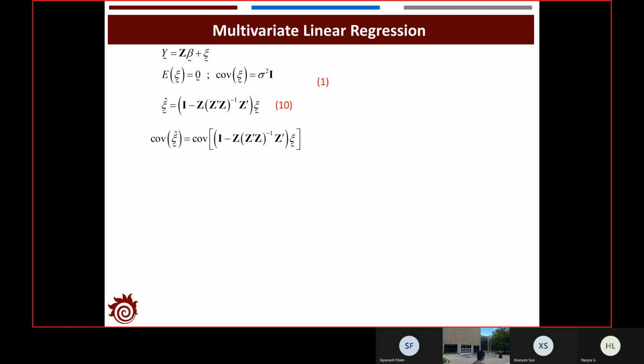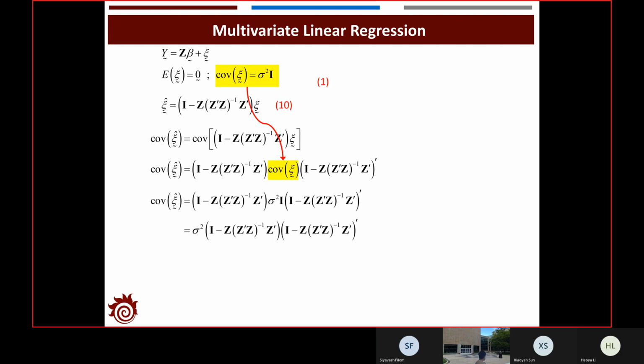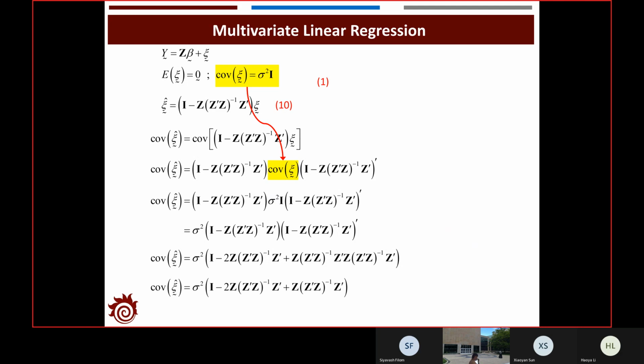For the covariance of the residual, if you apply a similar process and do this calculation, even though you see a very complicated formula, the result is actually very simple. That will be sigma squared times I minus Z times Z transpose Z inverse times Z transpose. So that's the covariance of the residual.